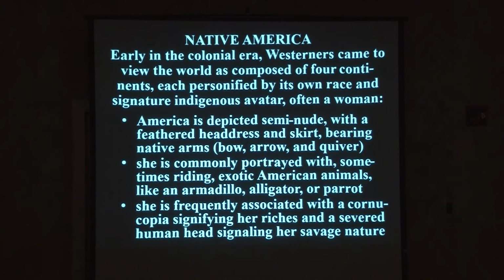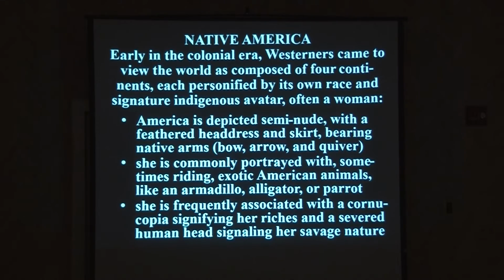Let's begin by looking at some of the imagery that gave rise to what ends up on the coins, okay? And we'll start looking at this figure I call Native America first. Early in the colonial era, Westerners came to view the world as composed of 4 continents, each personified by its own race and signature indigenous avatar, often a woman.